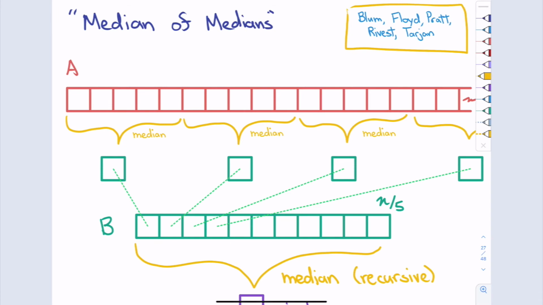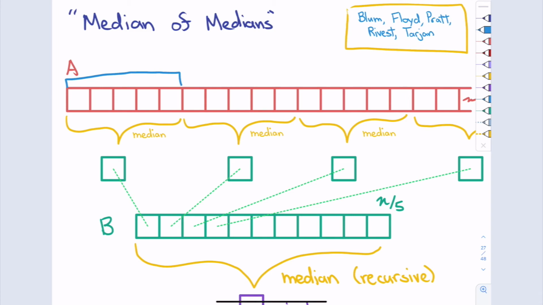All right, so what's the idea? So you start with your big array A. And just for simplicity, let's think of A's size as a multiple of 5. If it's off by a little, it's not a big deal. And we're going to divide it into chunks of 5. So here's one set of 5. There's 5 values in it.